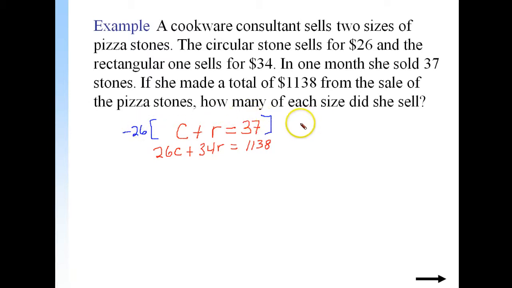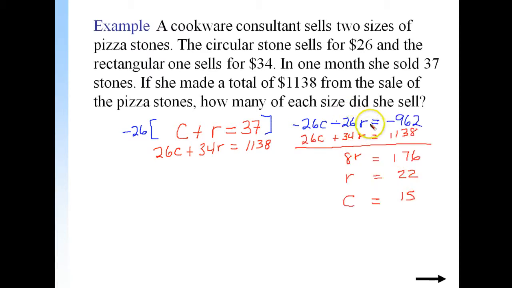So as I do my new equation, I get a negative 26c minus a negative 26r equals, now I paused it so I could use my calculator a little bit. A negative 26 times this gives me a negative 962. But then I got what I'm looking for. I'm able to cancel these out.